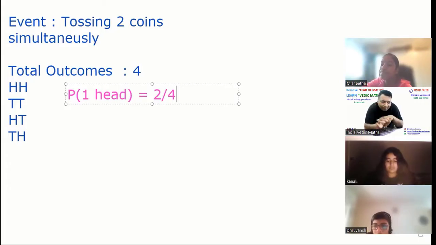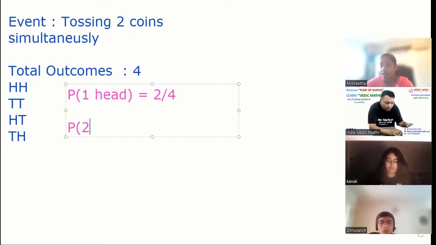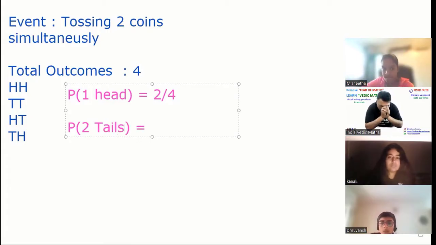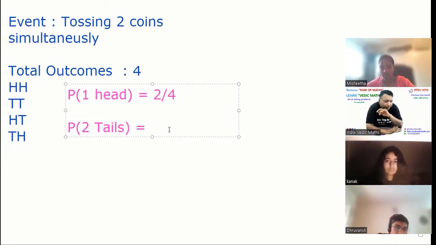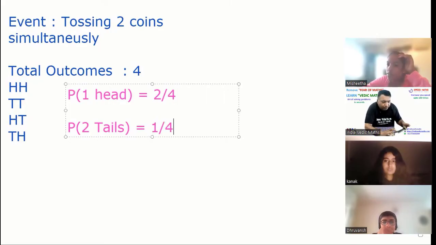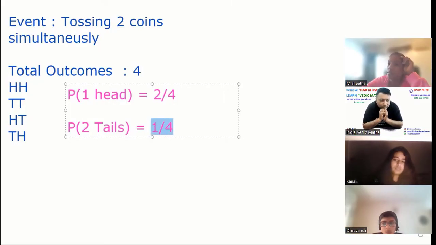Agree? Good. What is the probability of getting 2 tails? Dhruvan, explain to all of us. You are correct. You can get 2 tails only once, so it will be 1 by 4. Which outcome is favorable? TT. Correct? Good.